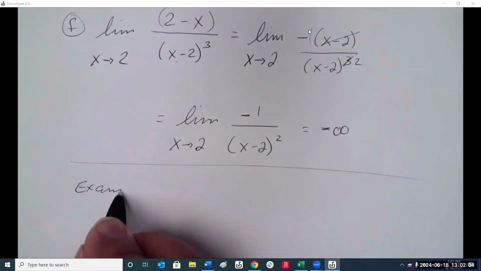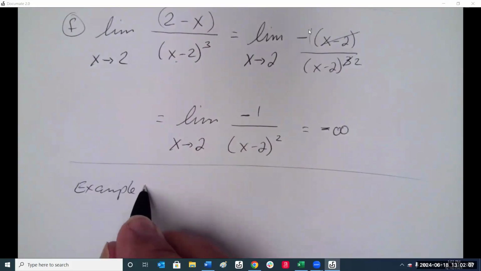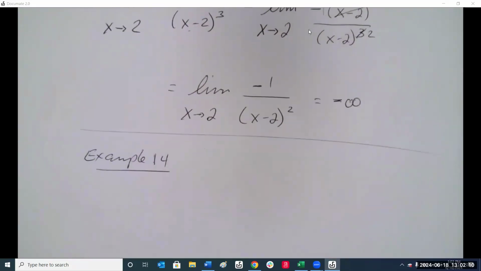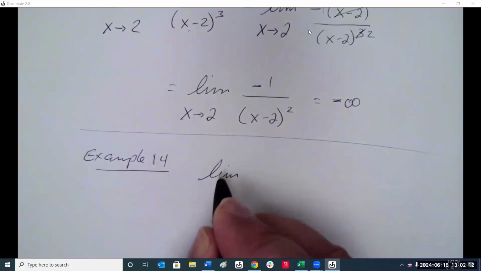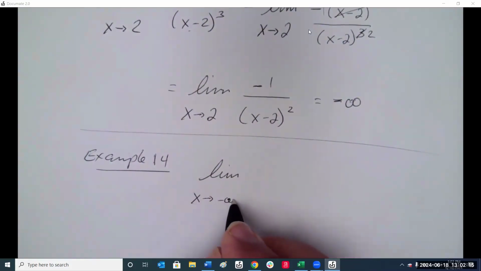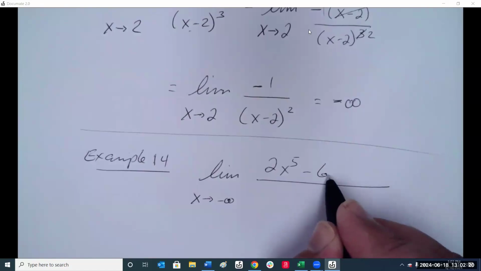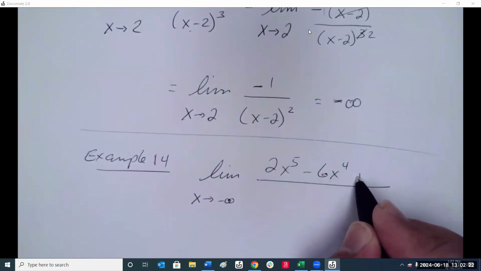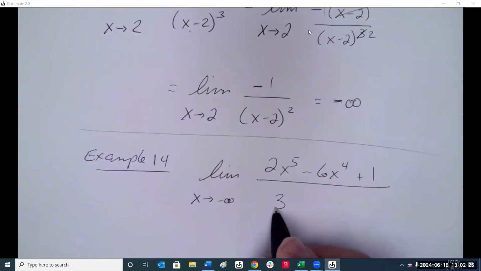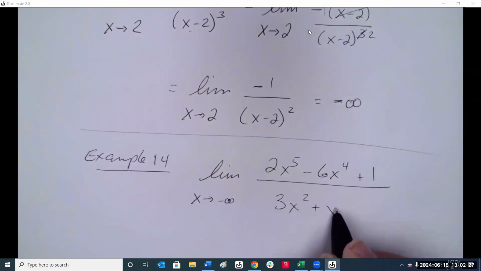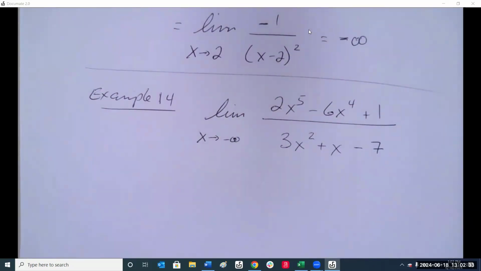One more, and then we'll call it a day because we still have like 6 more examples. Find this limit as x approaches negative infinity of 2x to the 5th minus 6x to the 4th plus 1, over 3x squared plus x minus 7.